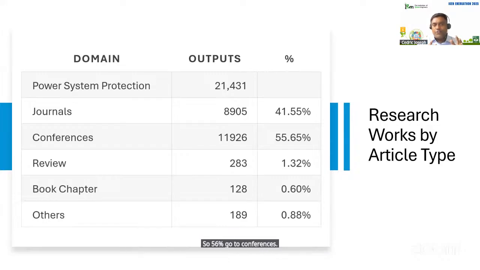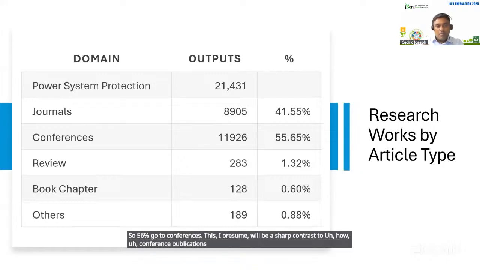This, I presume, will be a sharp contrast to how conference publications drive the numbers game in India. I think here we are talking about 11,926 solid publications that have come through conferences. Then we have review papers, then we have book chapters, and all of these are negligible numbers.